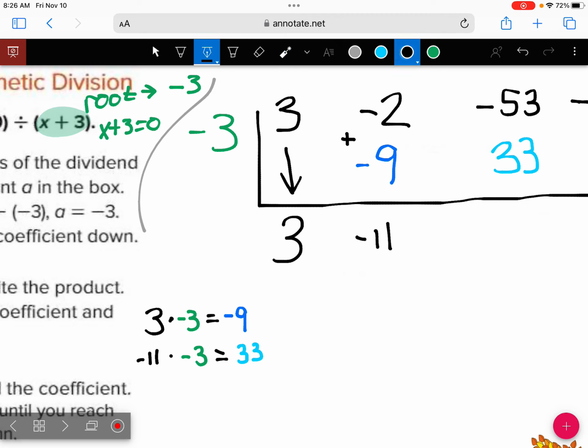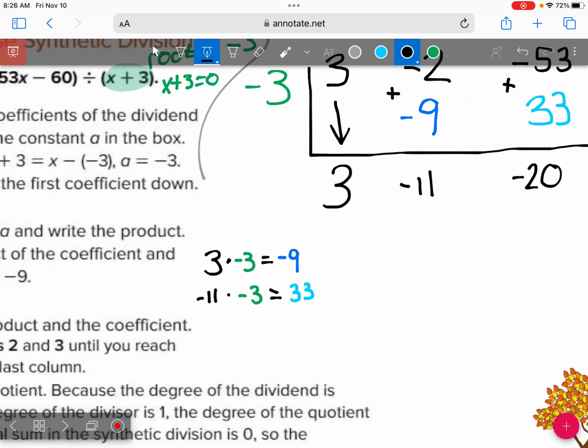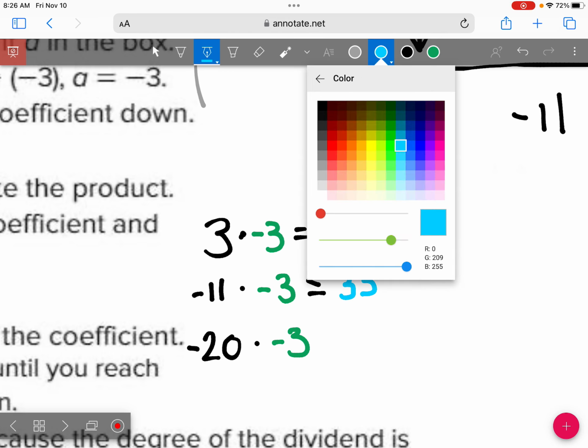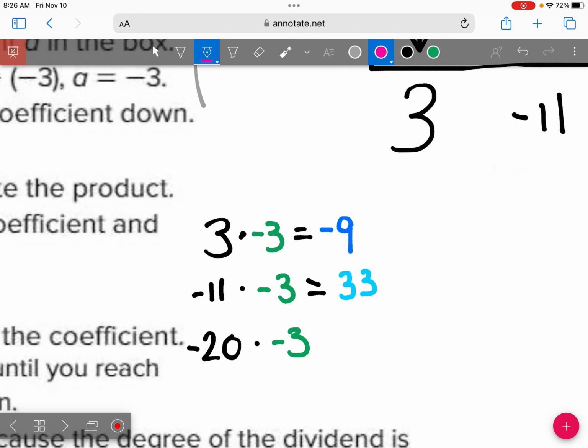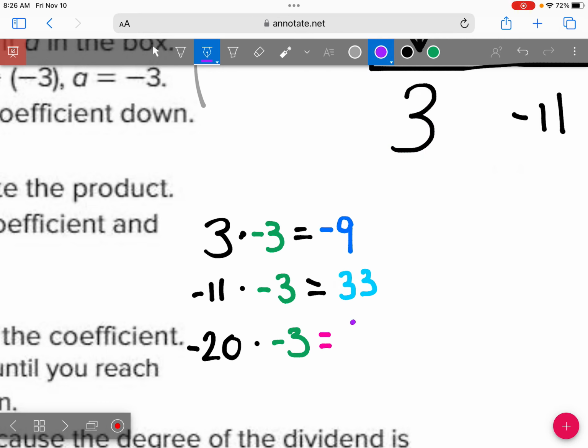And then again, we're going to add the column. -53 plus 33 is -20. Then we get to do this one more time. -20 times -3, and we get, ooh, wrong color, +60.